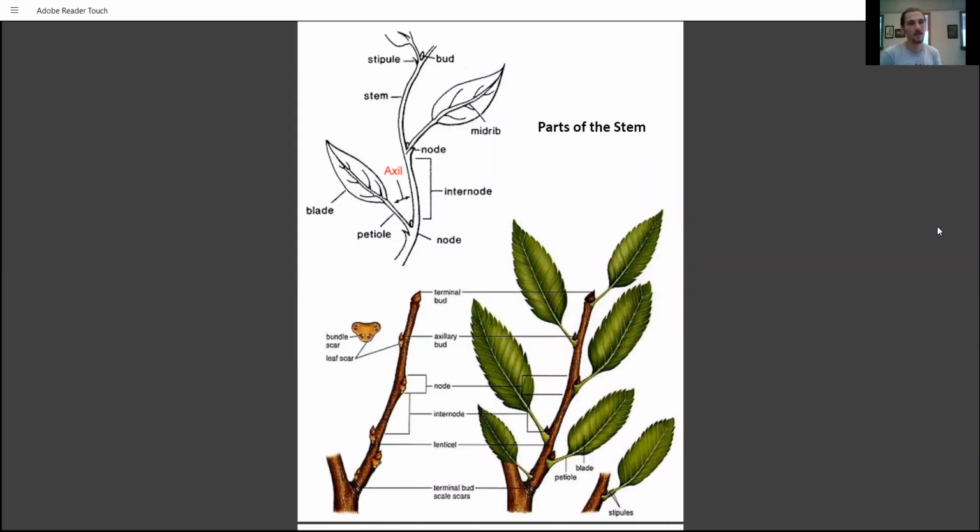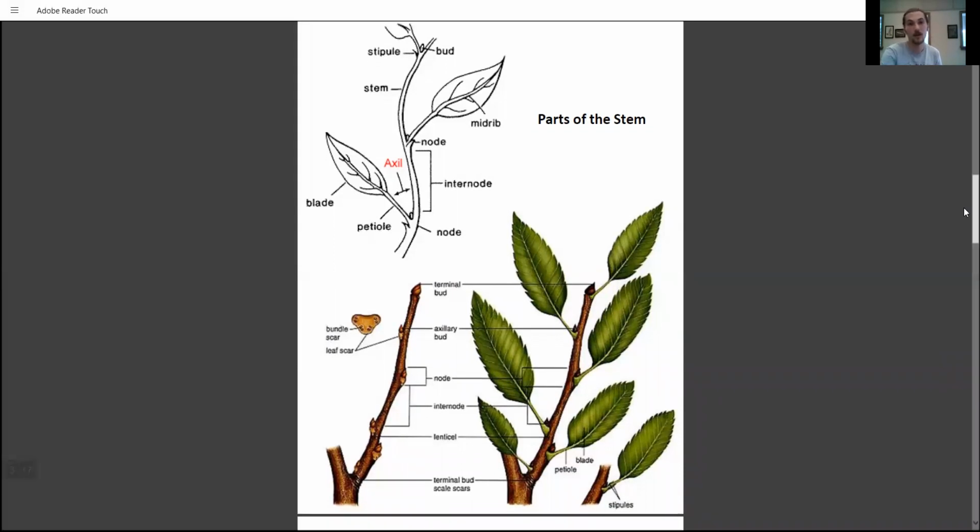Maybe if it's a perennial that puts on woody tissue, and those stems can get much, much larger, much more substantial, and again, perennial, where they'll persist year after year after year, maybe we're more likely to use a term like a branch. Regardless of those differences, we have important terms that we can look at regardless of the plant.